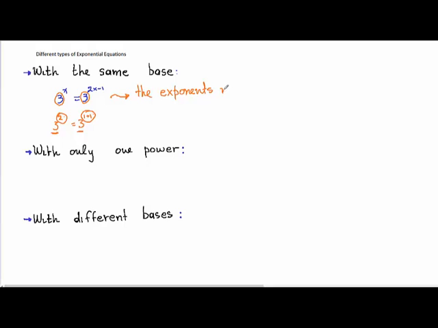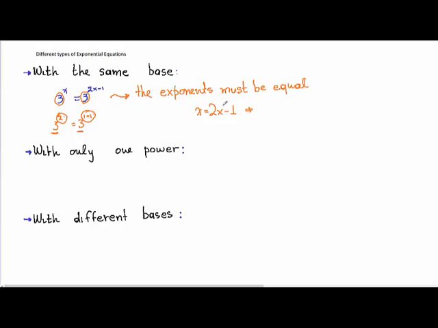What does this tell me? This tells me that if the bases are the same, then I can focus on my exponents and set them equal, because they must be equal. So this means that x must be equal to 2x minus 1. Well, this gives me a linear equation, a very simple equation that I can solve for x.